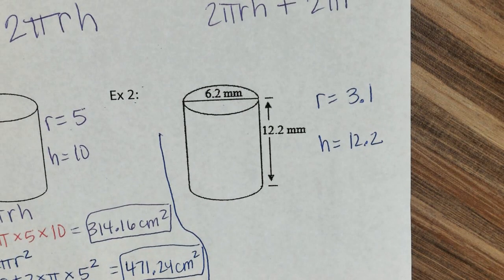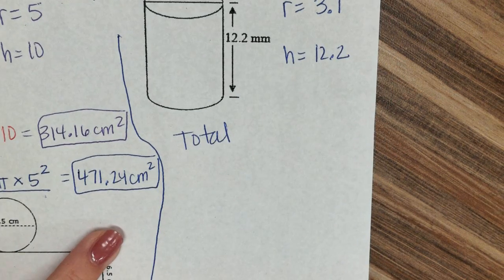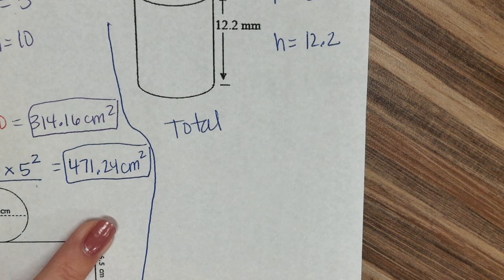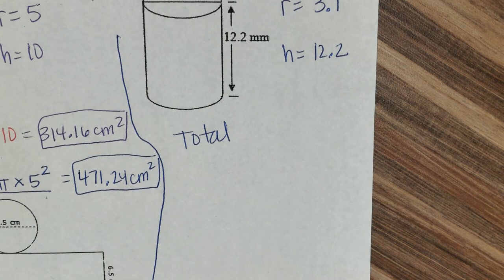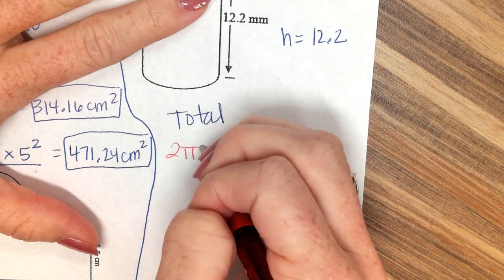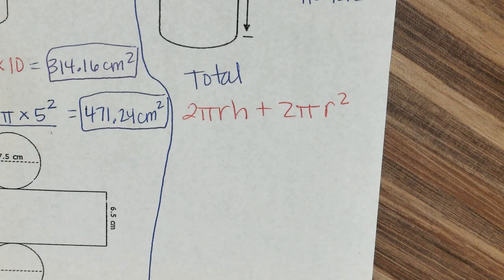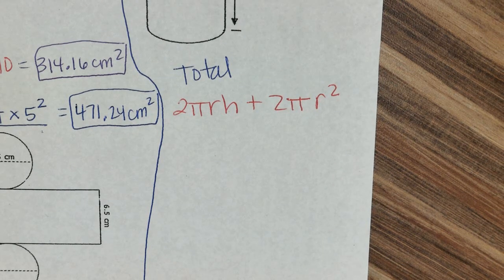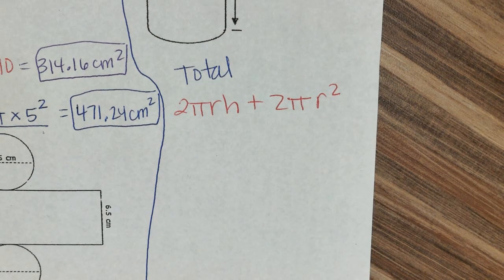12.2. Now I'm going to find the total surface area. So I'm going to write the formula down. And guys, for today, I'm asking y'all to write the formula down so that you can write it absolutely underneath what you're putting in your calculator. So my formula is 2 pi RH plus 2 pi R squared. And again, the reason I'm writing it down is so I can see exactly what I'm going to do.